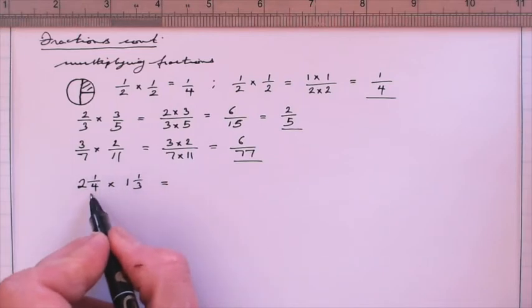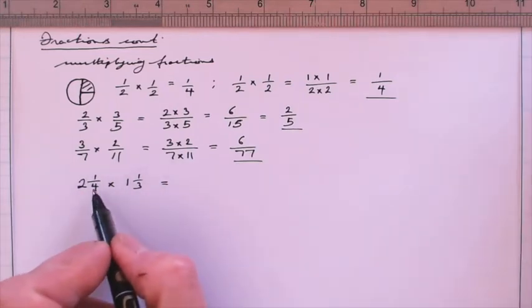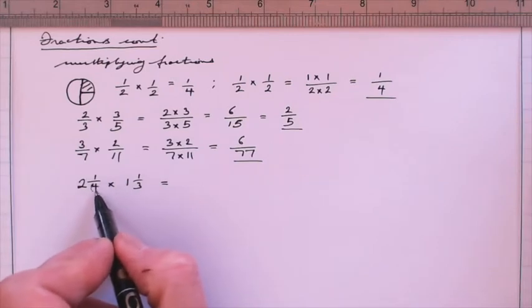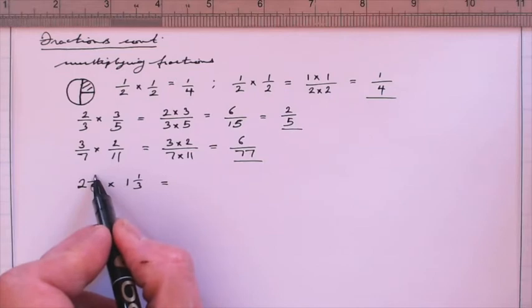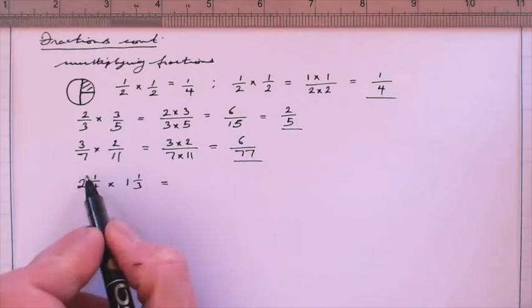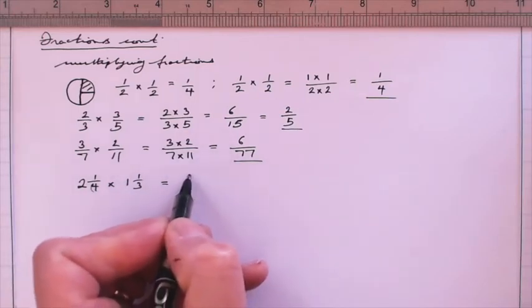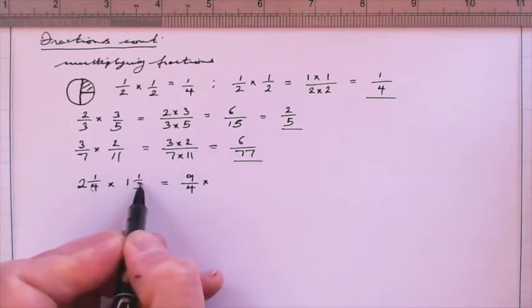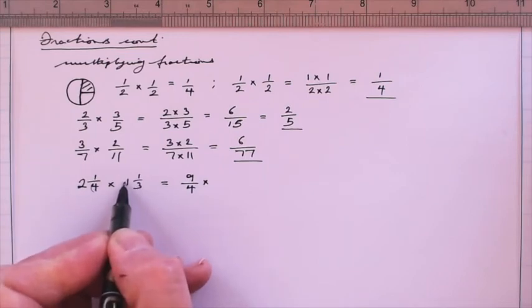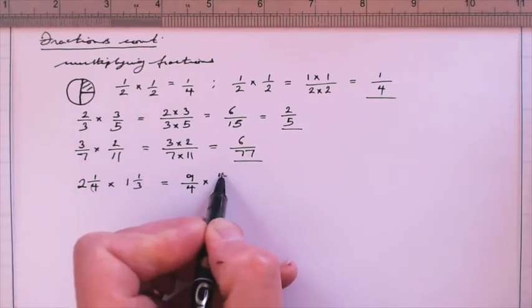So 2 1/4, let's use the quick method that I mentioned in the first tutorial. Take this number, multiply by the whole number, and add to the top all over this number. So 4 times 2 is 8, plus 1 is 9, all over 4, multiplied by 3 times 1 is 3, plus 1 is 4, over 3.